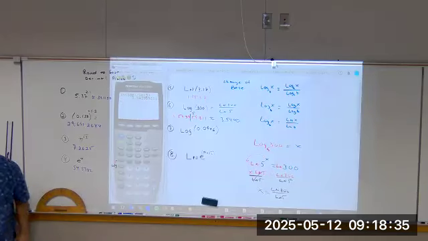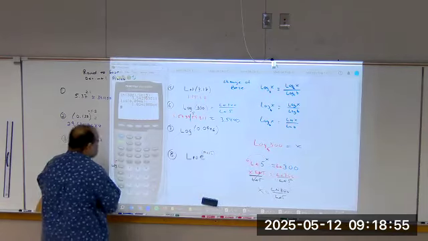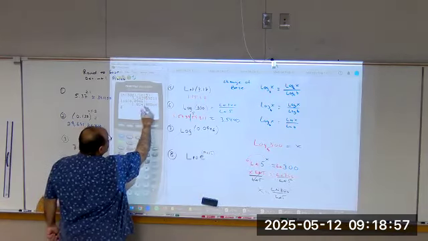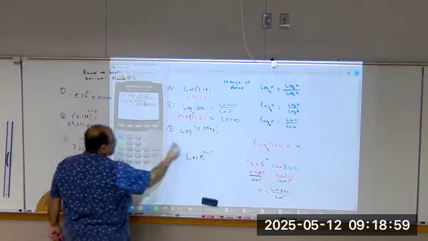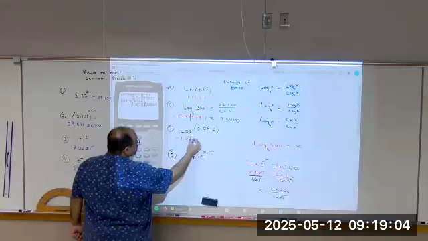So all we're doing is taking the common log of 0.0946. We get negative 1.0241.